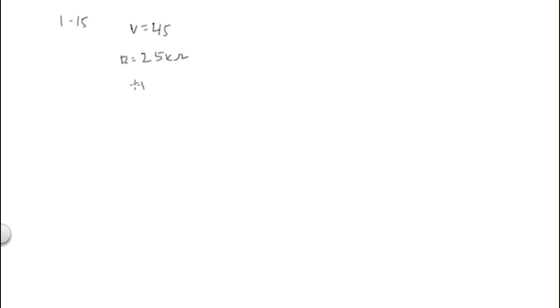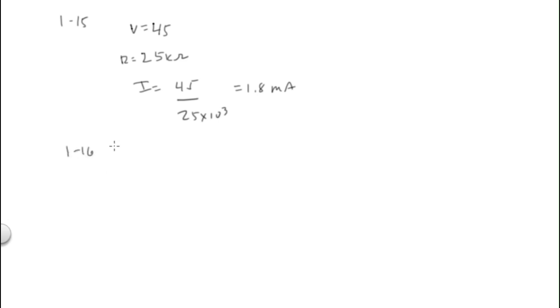What is the new current? I is equal to what? V over R. 25k, so it's 45 divided by 25 is equal to 1.8. And then 10 to the minus third. And that's the answer, okay?